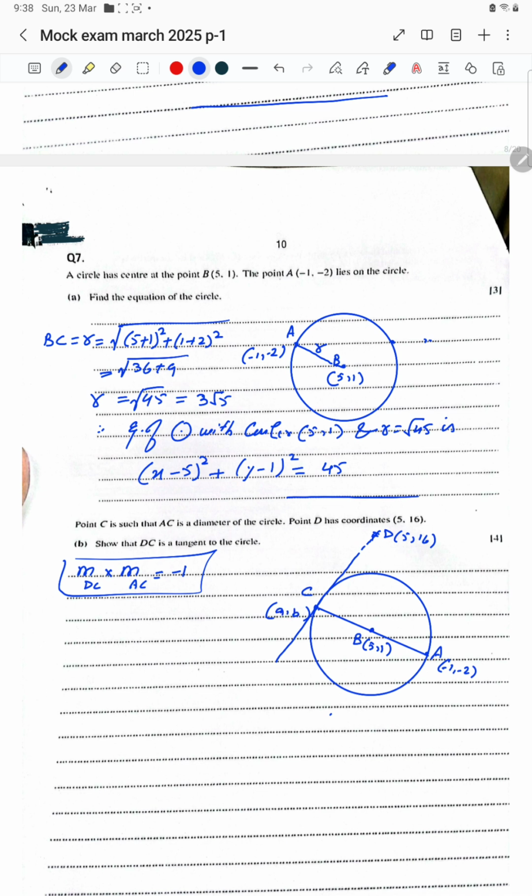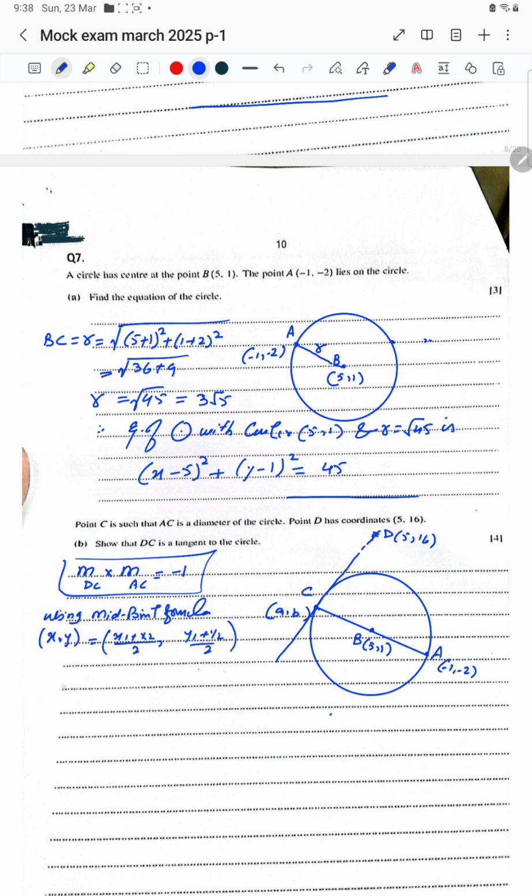As AC is the diameter, B is lying at the midpoint of it. So using the midpoint formula, for the x coordinate it will be this, for the y coordinate it will be this. It will be given in the formula sheet as well.